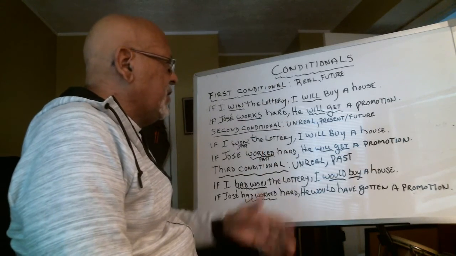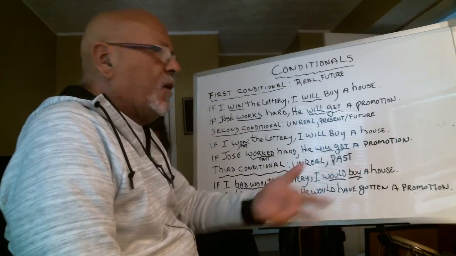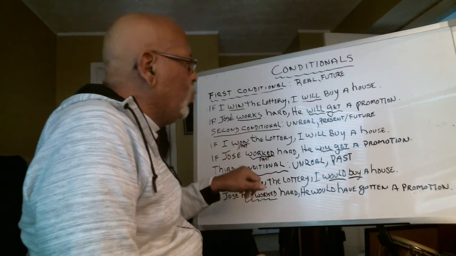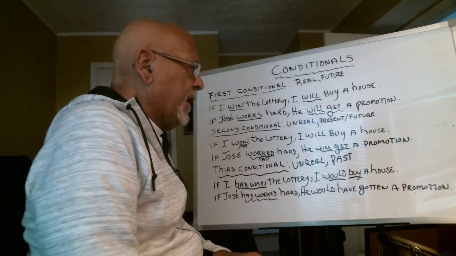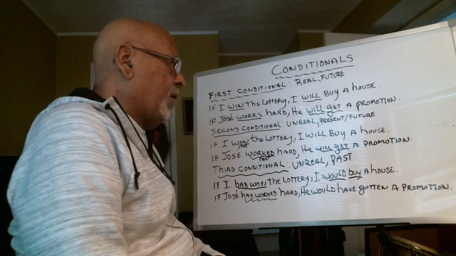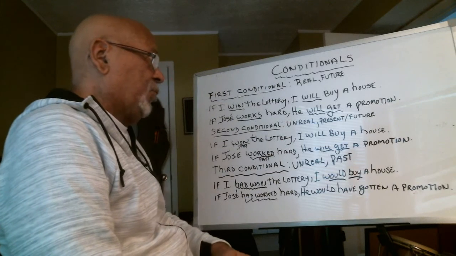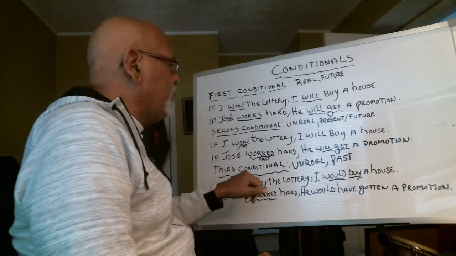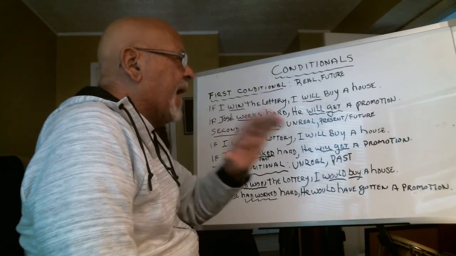And the third conditional, which is imaginary, unreal also, if I had won the lottery, I would have bought a house. That's what it should be. Okay? No, if I had won the lottery, I would buy a house. Excuse me.